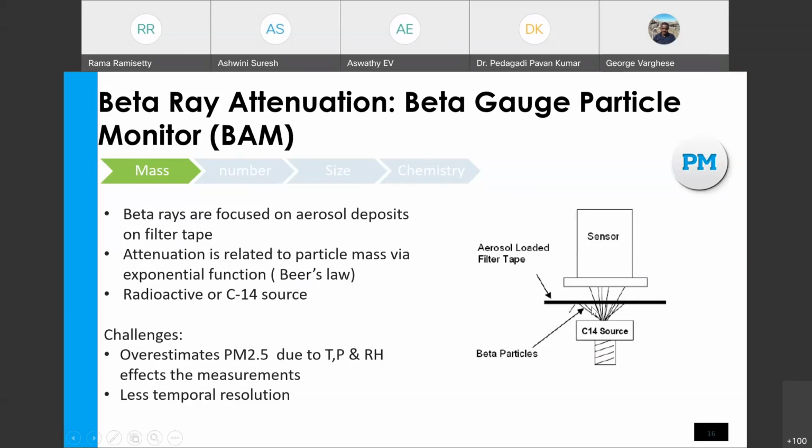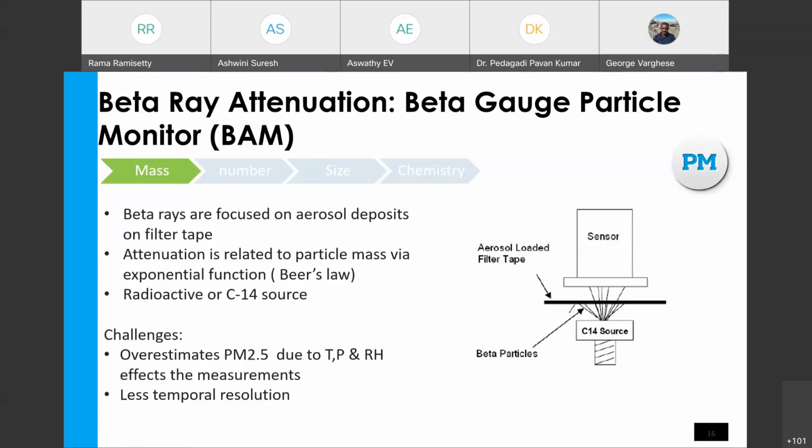The attenuation is inversely proportional to the mass of the particles. So we can estimate the total mass of the particles based on the attenuation. This method always overestimates PM2.5 because it cannot take temperature, pressure, and relative humidity into account, and the temporal resolution is also very low compared to other latest methods.